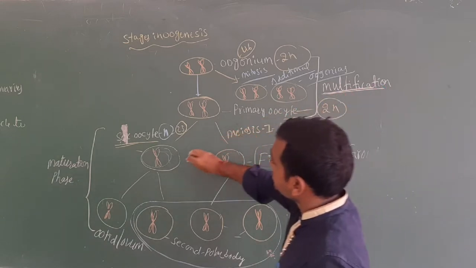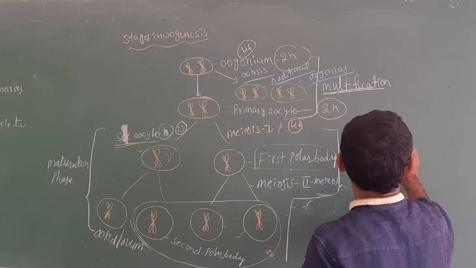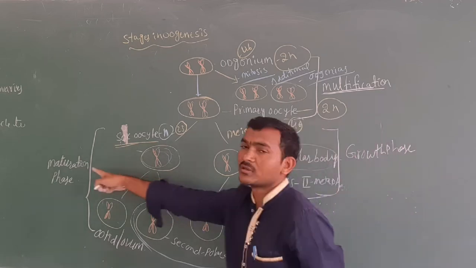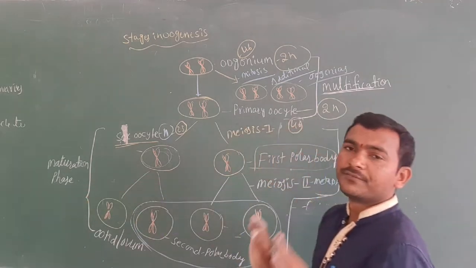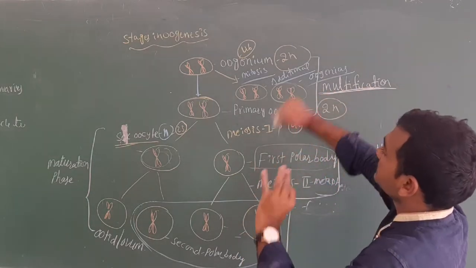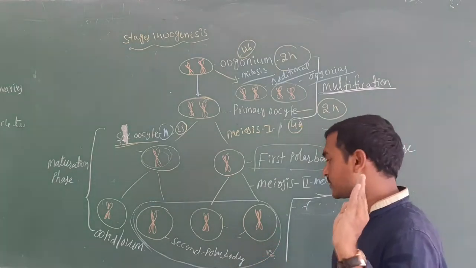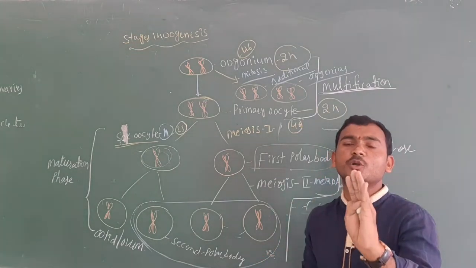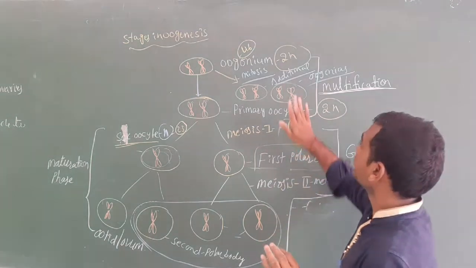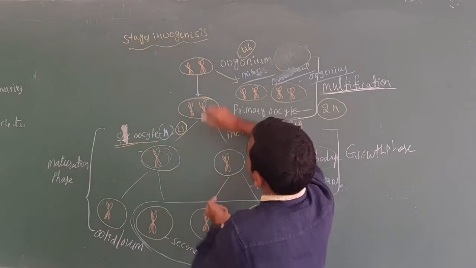Of the 3 stages, the first is the multiplication phase, the second is the growth phase, and the third is the maturation phase. The multiplication phase is started in the fetal development.